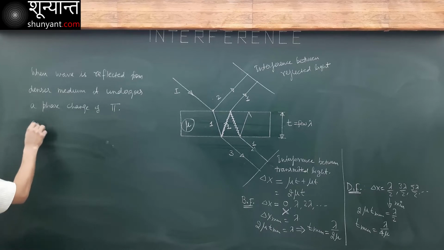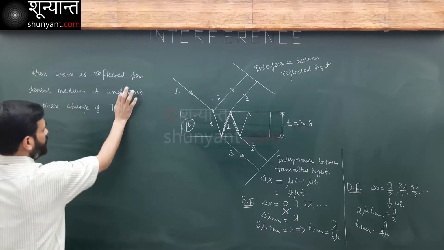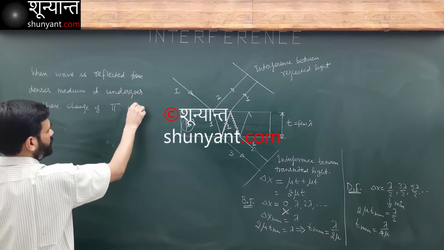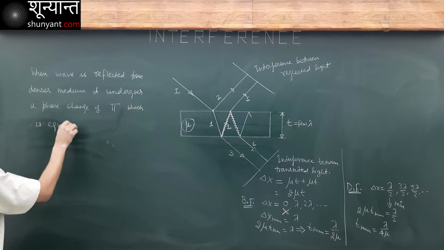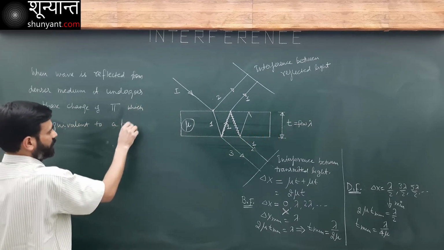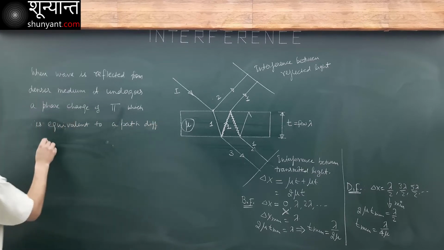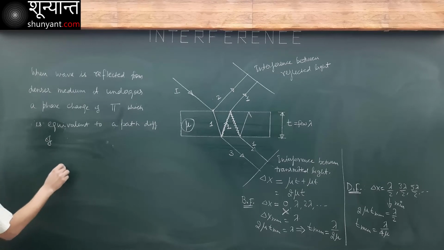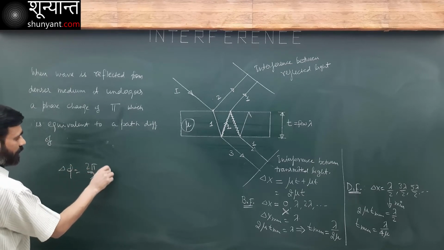Okay, corresponding phase change of pi is equivalent to a path difference of, you see, delta phi is equal to 2 pi over lambda into delta x.